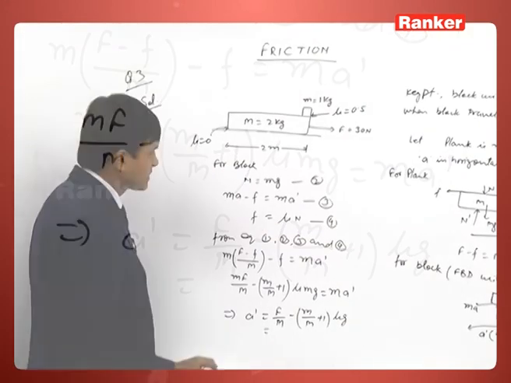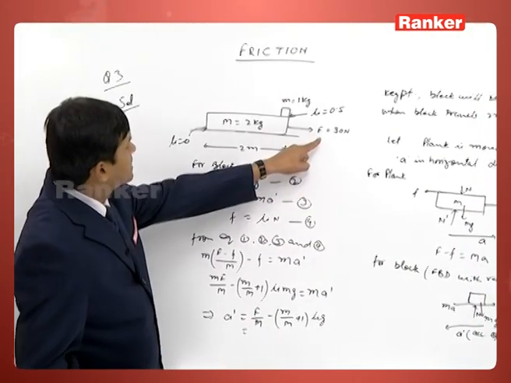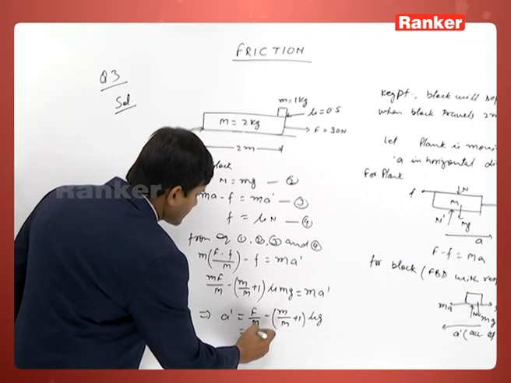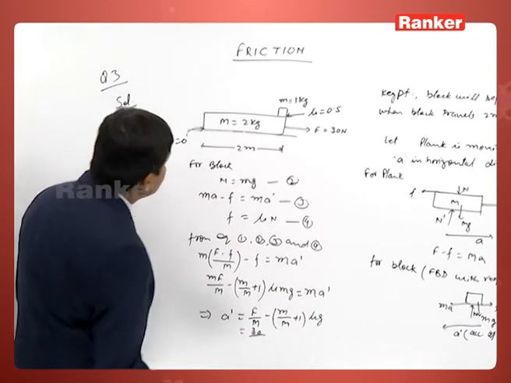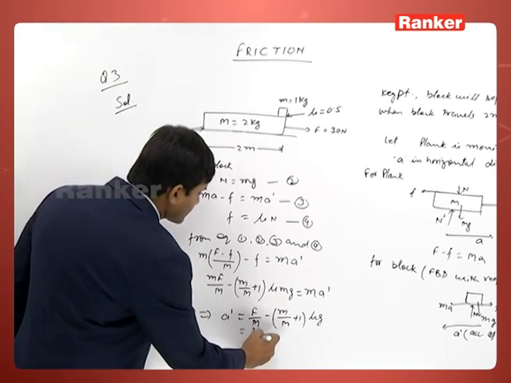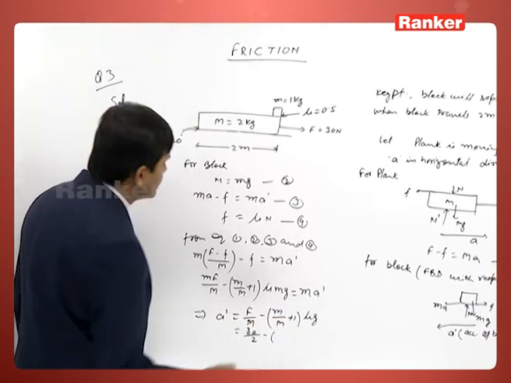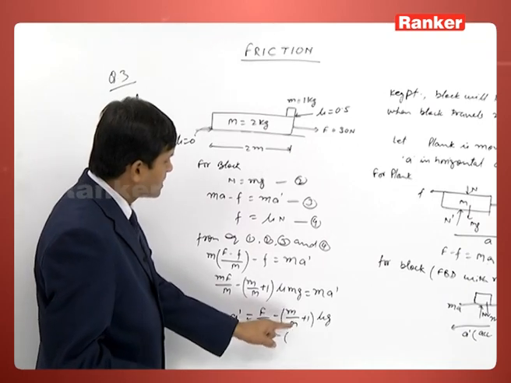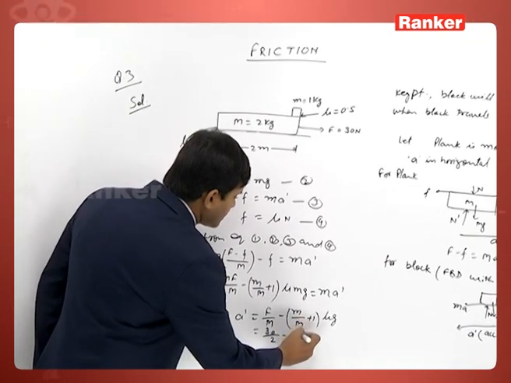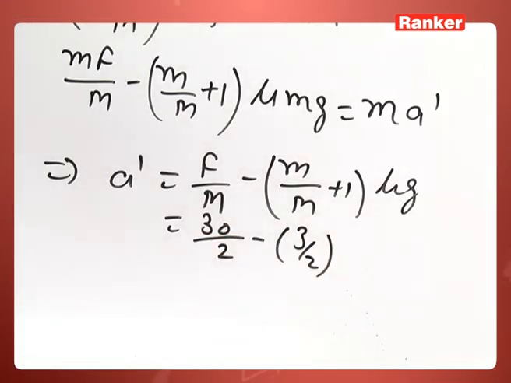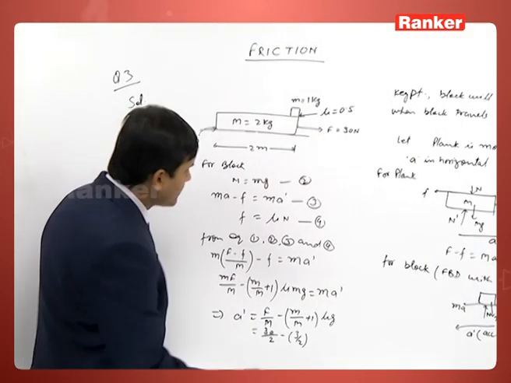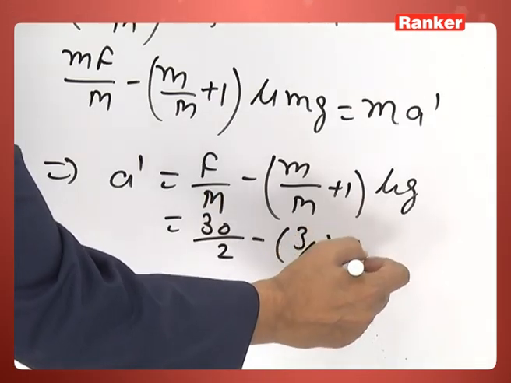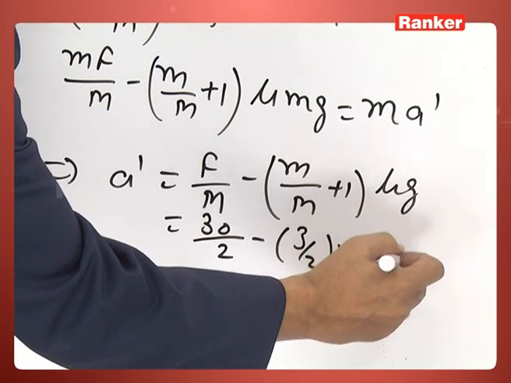Substitute the value: F by M, F is given 30, capital M is 2, minus (small m by capital M, 1 by 2, plus 1), this becomes 3 by 2, mu value 0.5, 1 by 2, g is 10.